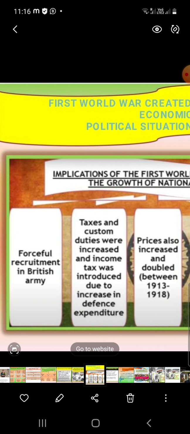We will discuss how the First World War is responsible and how it created a new economic and political situation. The time period of the First World War was 1914 to 1919. It led to a huge increase in defense expenditure, which was financed by war loans, and increased custom duty and income tax.